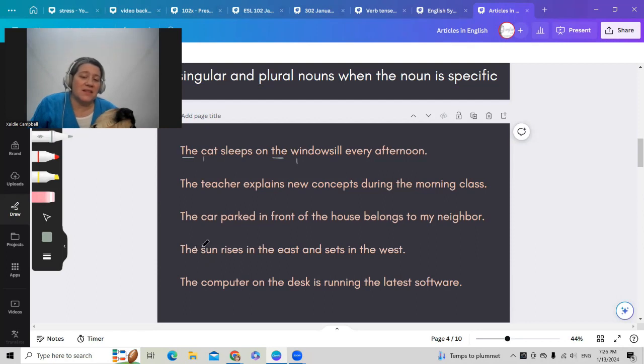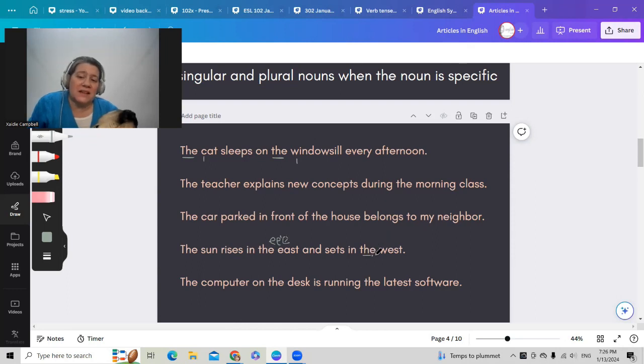We have the sun rises in the east. So this one I said the, and then I do a little stop, and then I say east. The sun rises in the east and sets in the west.